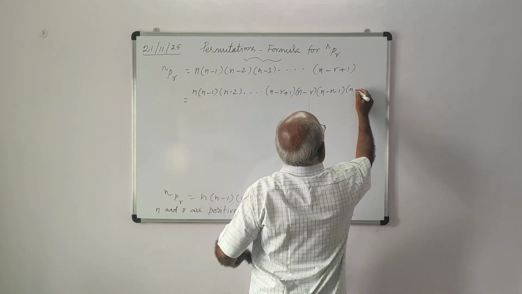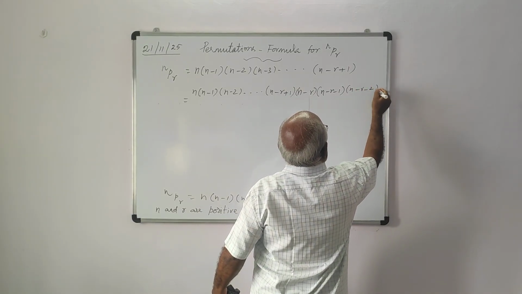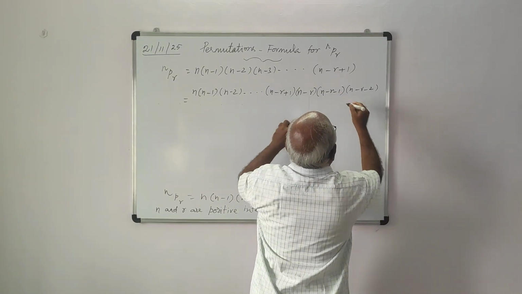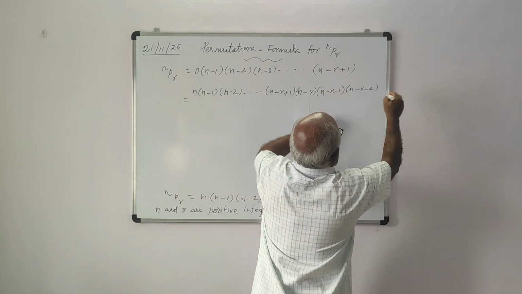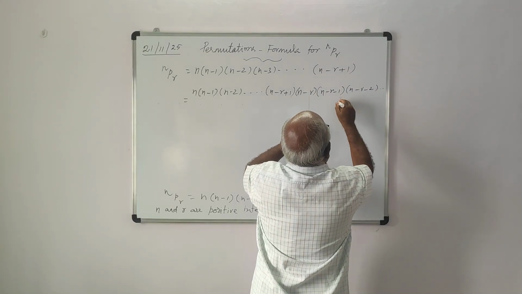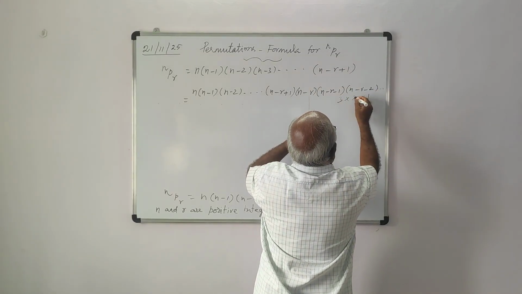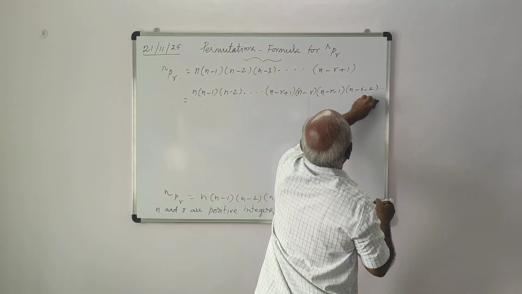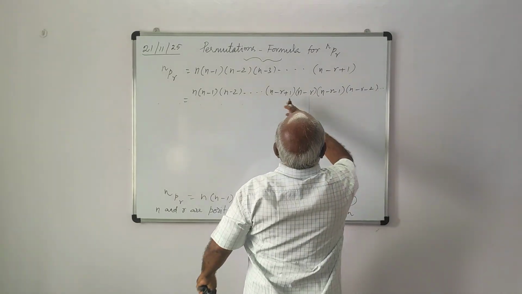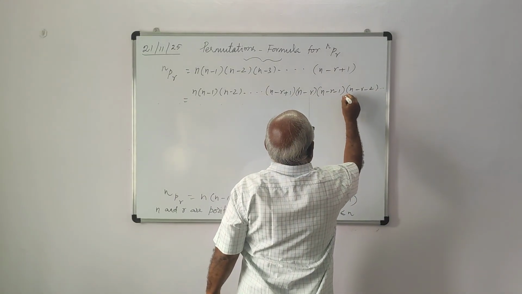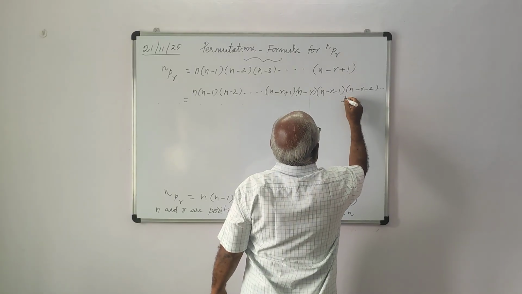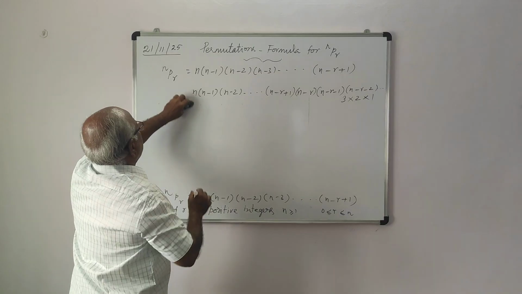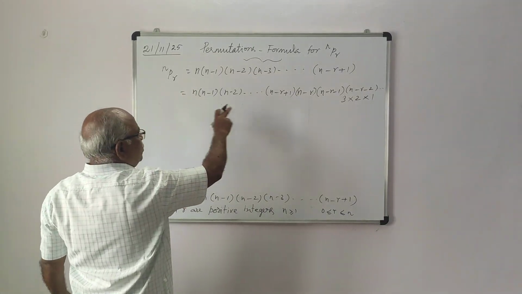Like that, you extend down to the last term, which is 3 into 2 into 1. After reducing from n, the last term becomes 3, 2, 1. This is your nPr term.